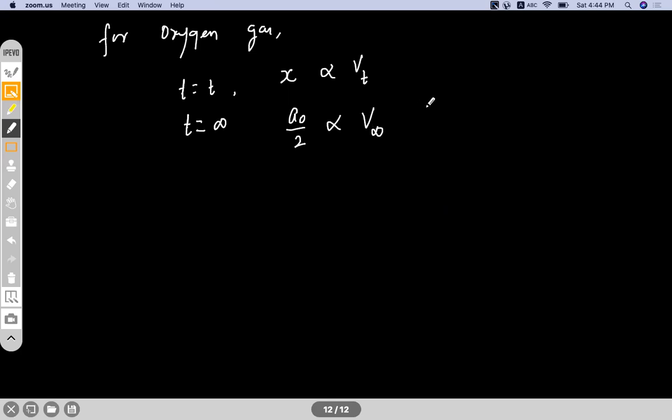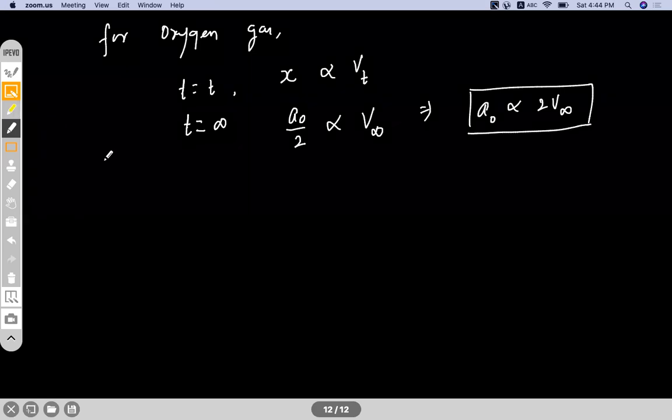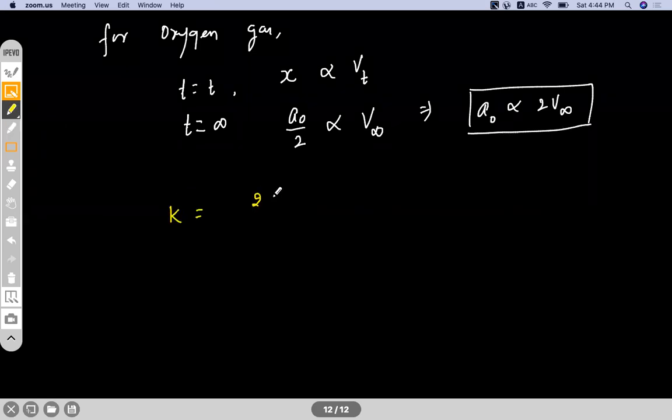So what is A naught from this, you see? A naught is directly proportional to 2V infinity. If you substitute this in the previous expression, K equals 2.303 by t log of A naught, which is 2V infinity, divided by A naught, which is again 2V infinity, minus 2x, which is 2Vt.